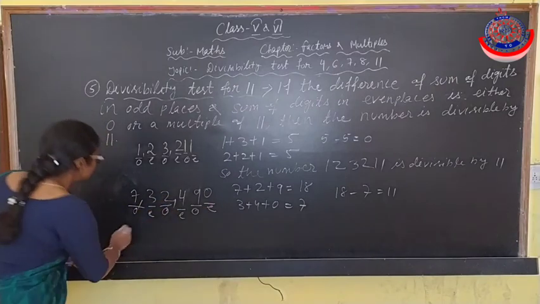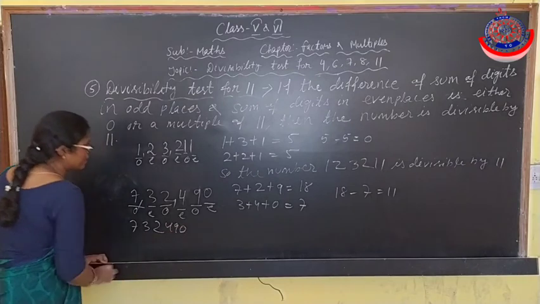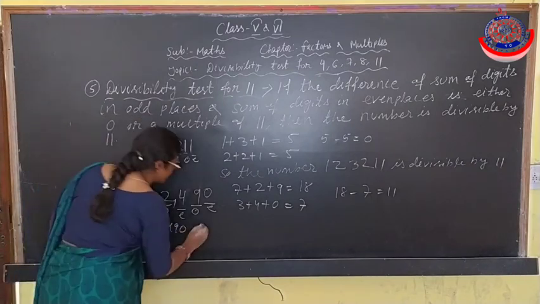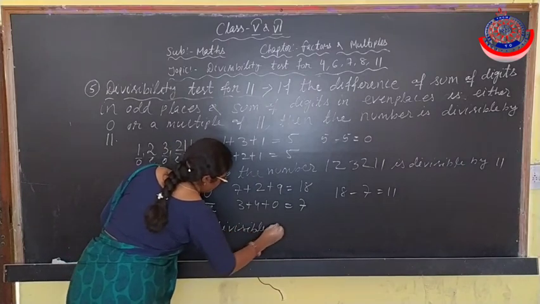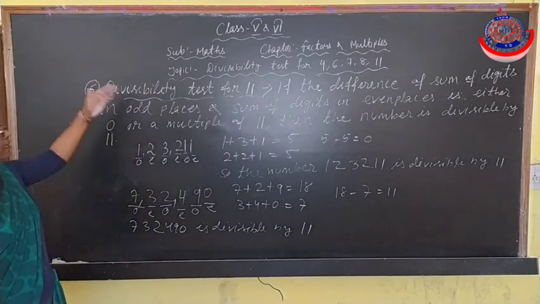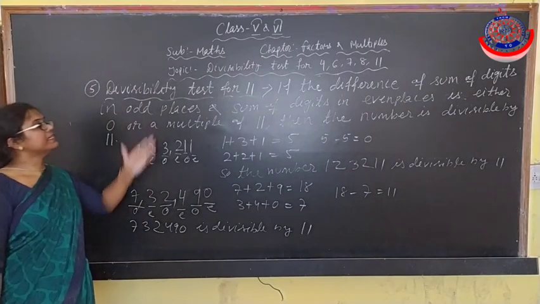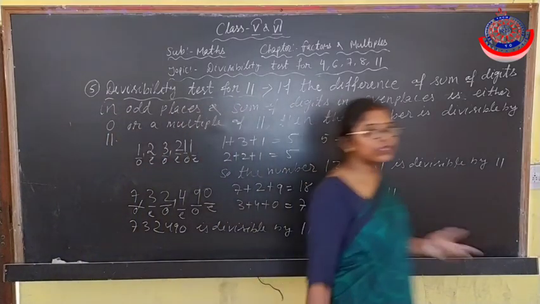So this number 7,30,2,490 is divisible by 11. Clear? Like this we have to check whether a number is divisible by 11 or not.